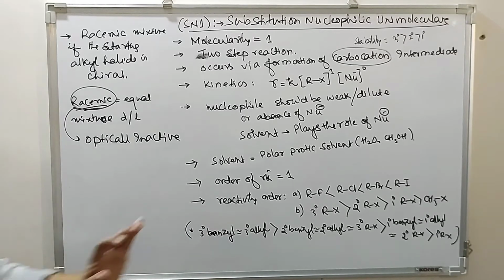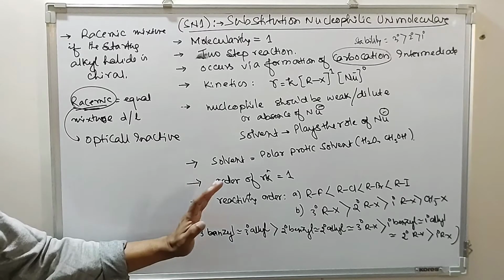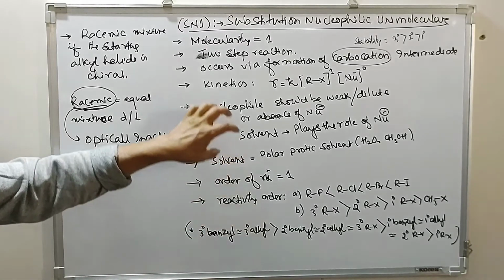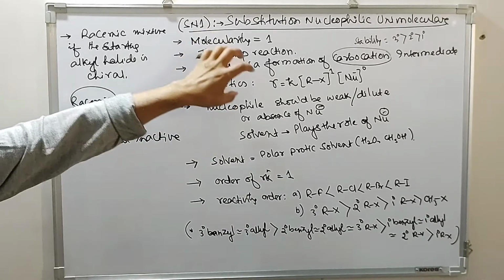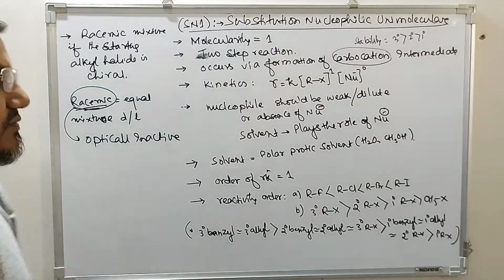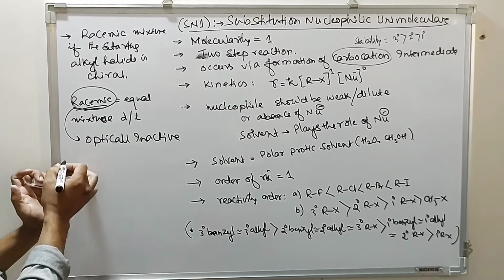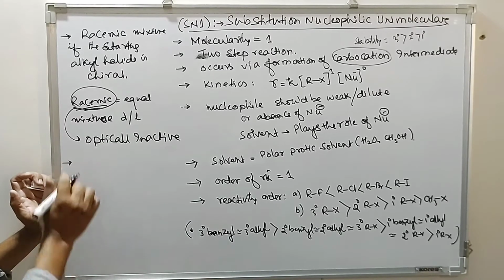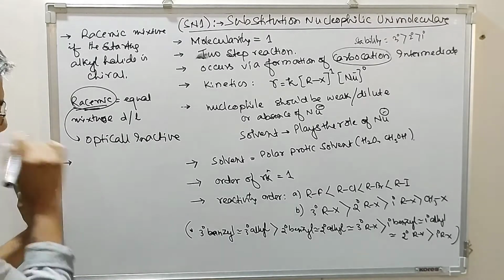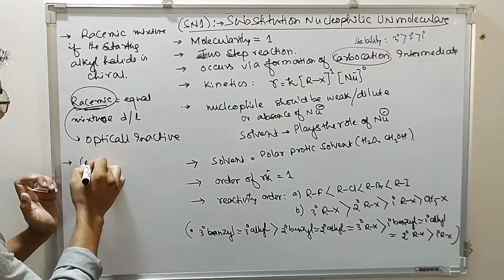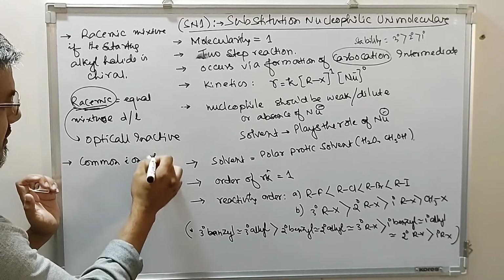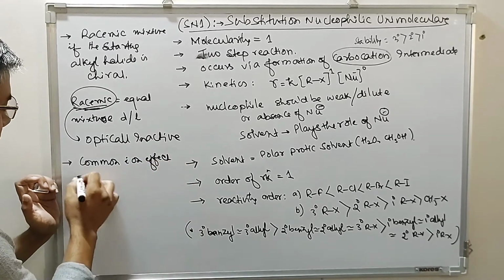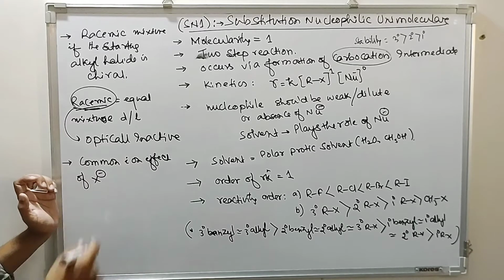So we have discussed the reactivity order of reaction, nature of solvent, nature of nucleophile, kinetics, transition state, molecularity. This SN1 reaction shows the common ion effect of X minus.